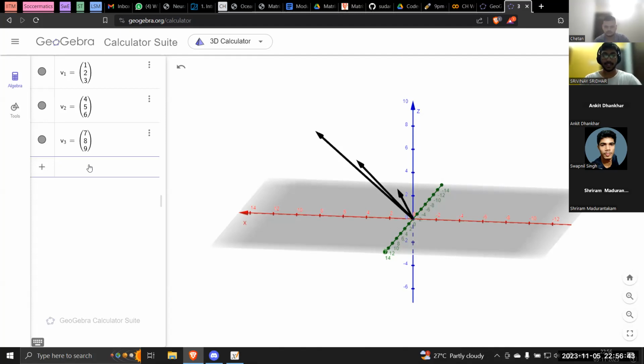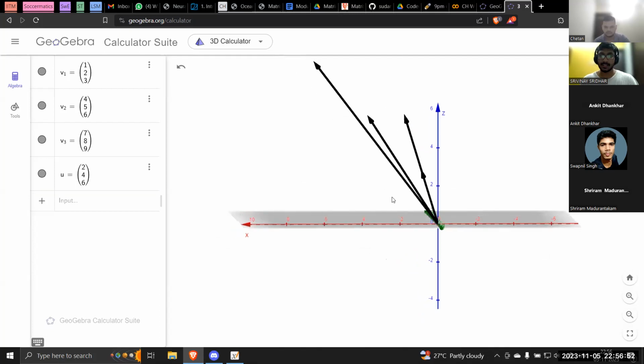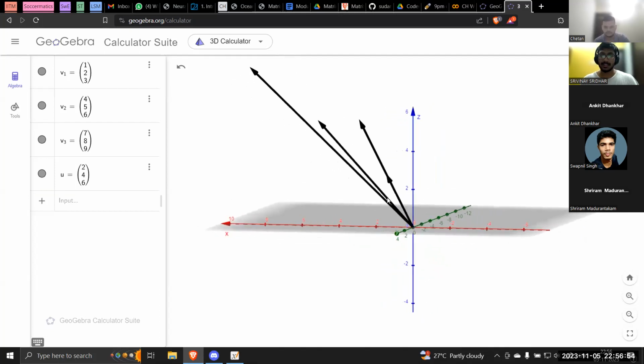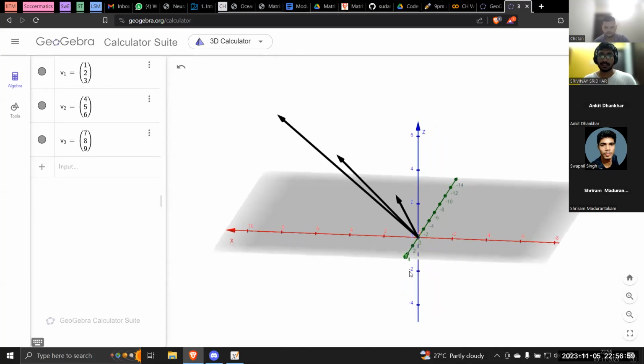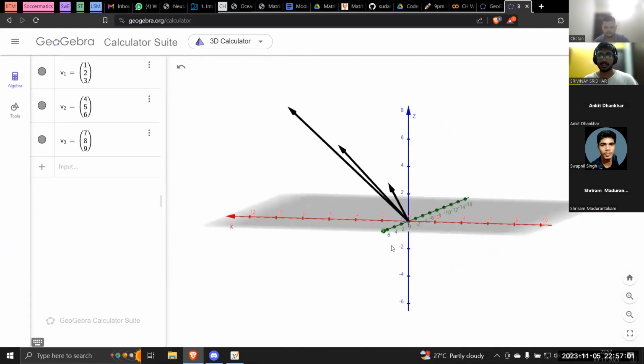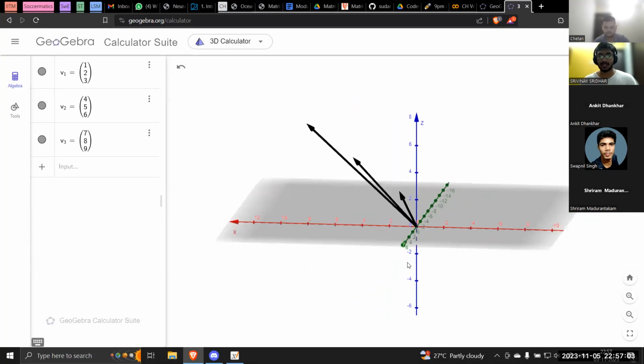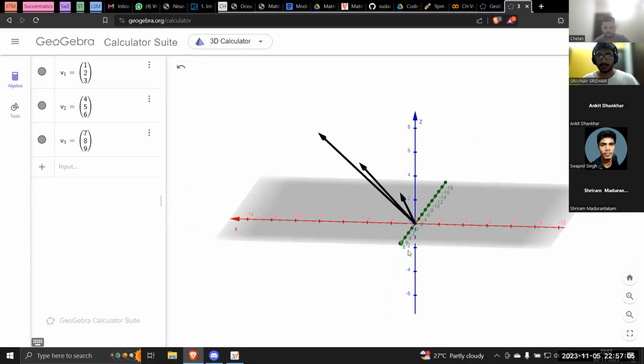We saw for the vector 2, 4, 6, you can clearly see that it is lying on top of 1, 2, 3, right? But for these three vectors, I can clearly see that they are not on top of each other. Take V1 and V2.